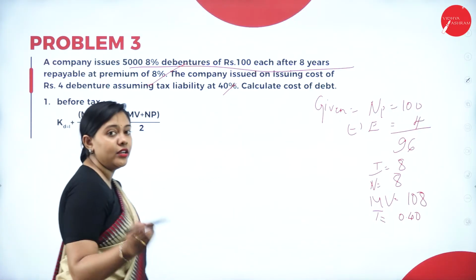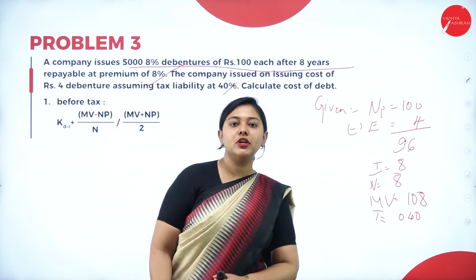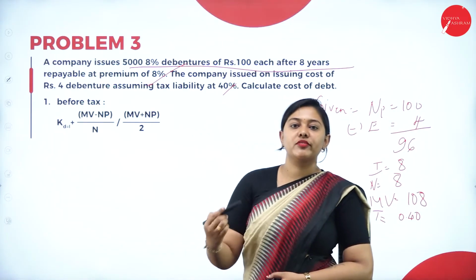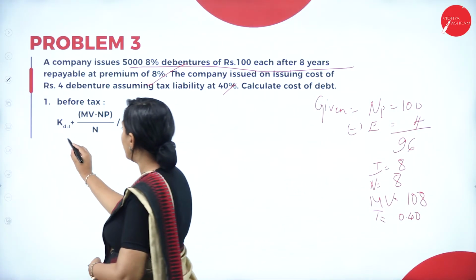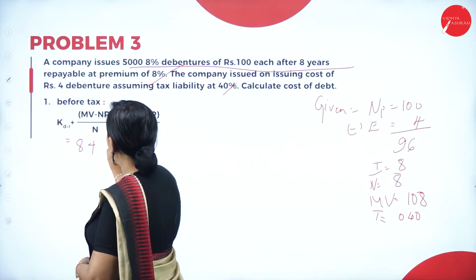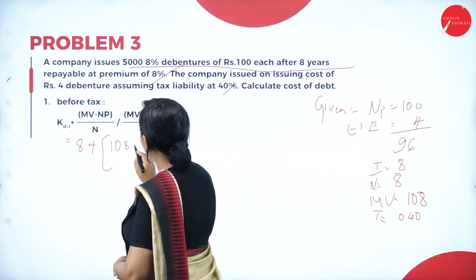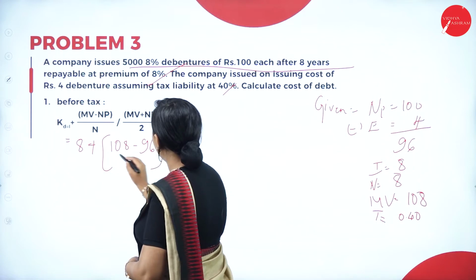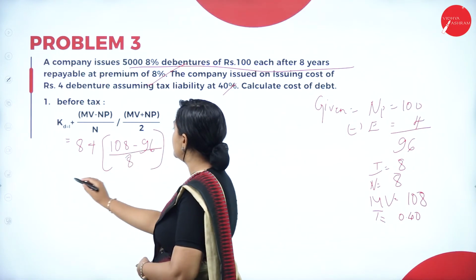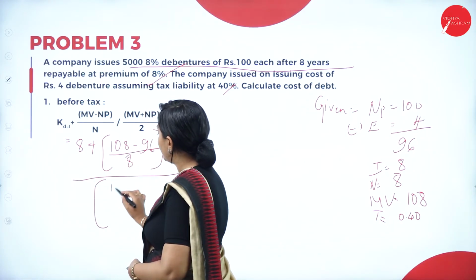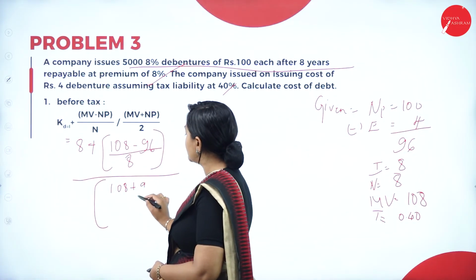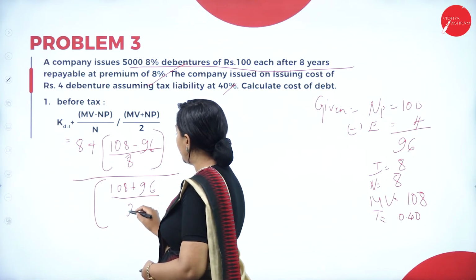Calculate the cost of debt. So before tax, what we have is a formula. Let's substitute the values into the formula. Interest is 8 rupees plus maturity value 108 minus 96 divided by number of years 8, whole divided by maturity value plus net proceeds divided by 2.